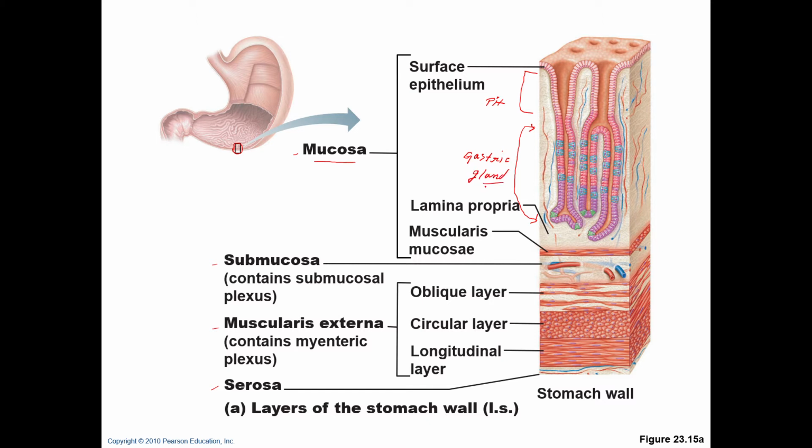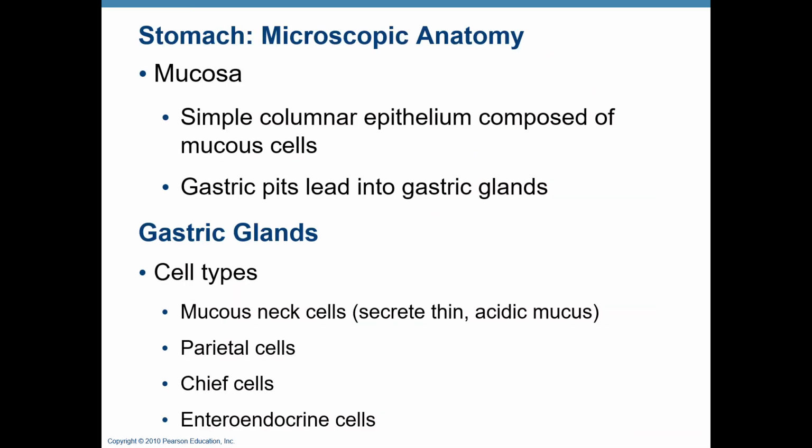Okay, so in the gastric gland, you see there are different types of cells shown by different colors. Okay, so we'll see what are those cells in the gastric gland. There are 4 different types of cells present in the gastric gland. Mucous neck cells.